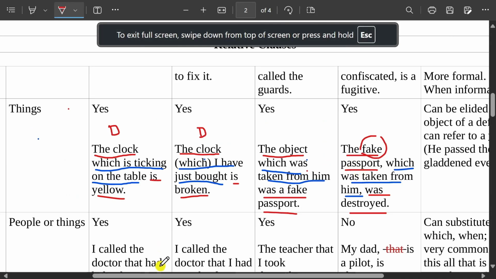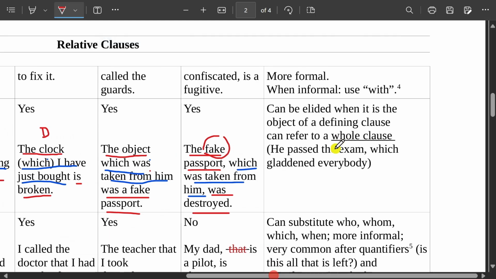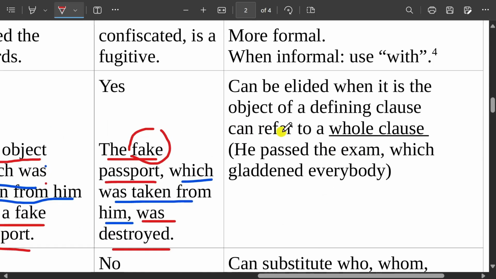Now look at this, which is not finished. Which can refer to a whole clause. Look at this example. He passed the exam, which gladdened everybody. What does which refer to? The exam? No. Which doesn't refer to the exam.